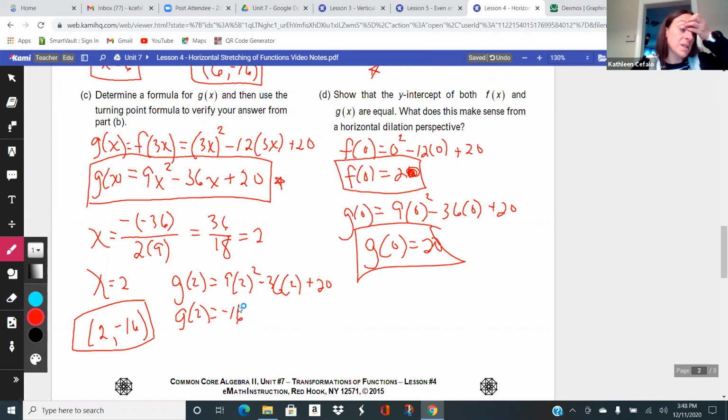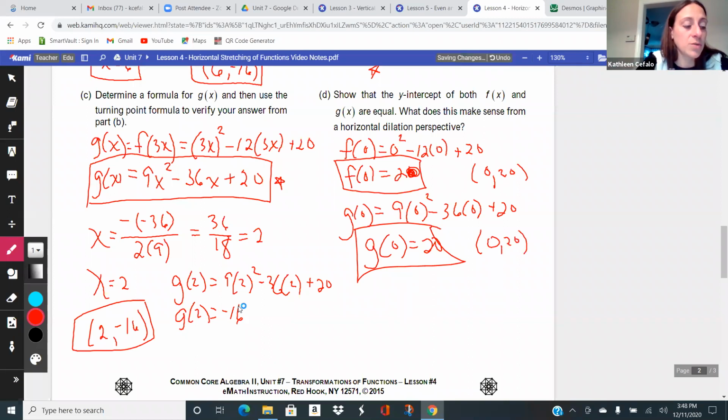It says, why does this make sense from a horizontal dilation perspective? Okay, so if I have my x values and I want to dilate them, my x values for the y-intercept are both going to be 0, right? So this is 0, 20, and this is 0, 20.